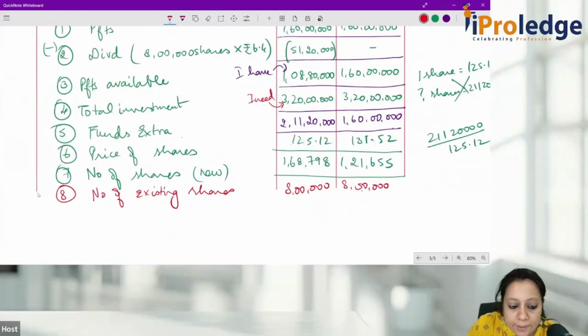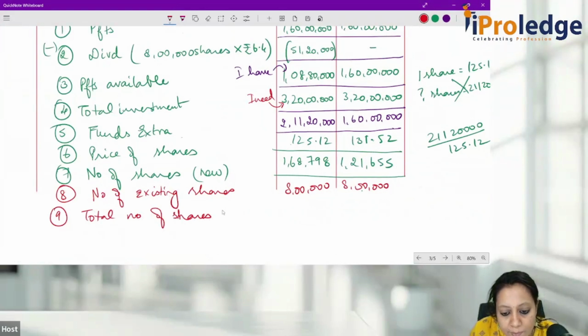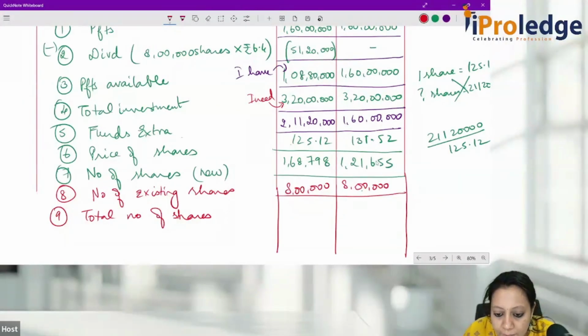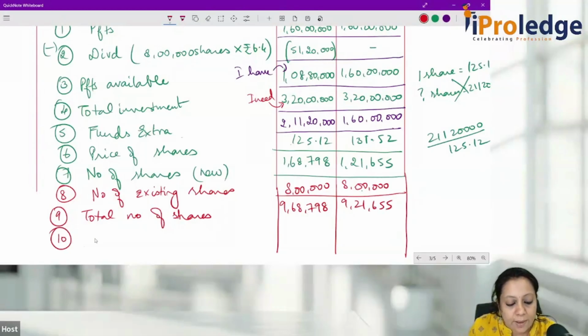So now that means what is the total number of shares? Nine lakh 68,798. And this is 9,21,655.